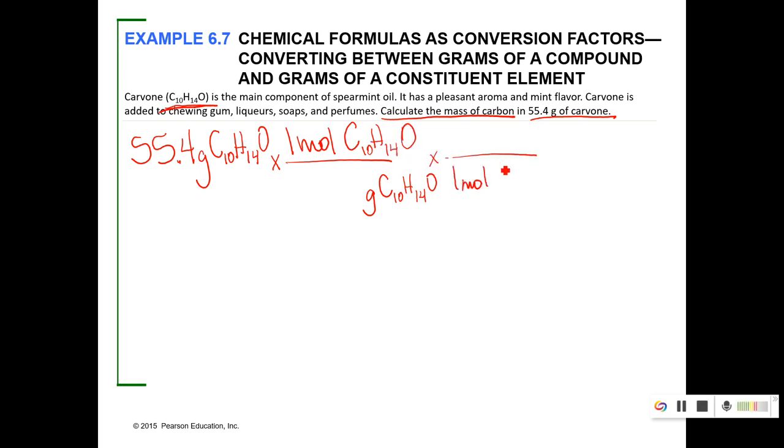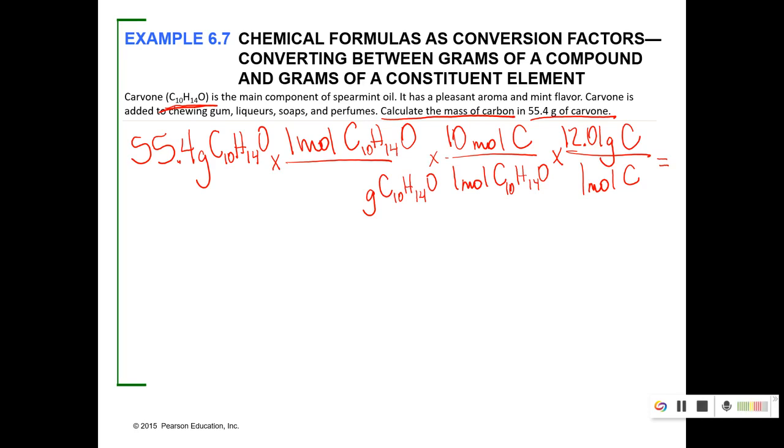Okay. In 1 carvone mole, there are 10 moles of carbon because it's asking about carbon. And then we go back, 1 mole of carbon is 12.01 grams of carbon. Okay, yes, I did leave this spot blank. It's because it requires a calculation when the 12.01 did not.